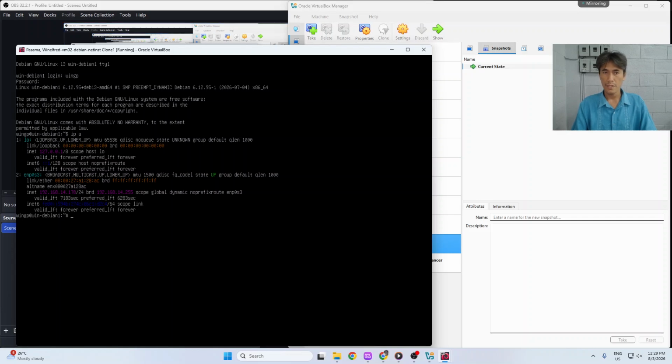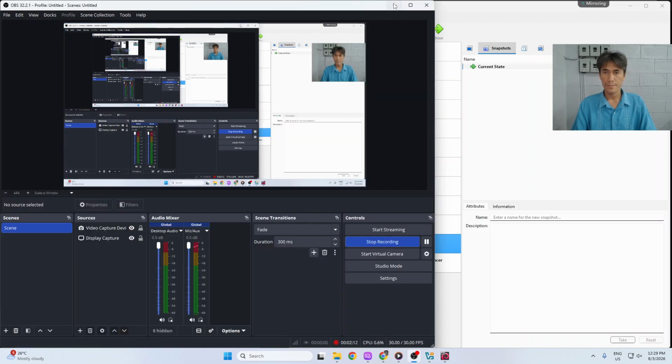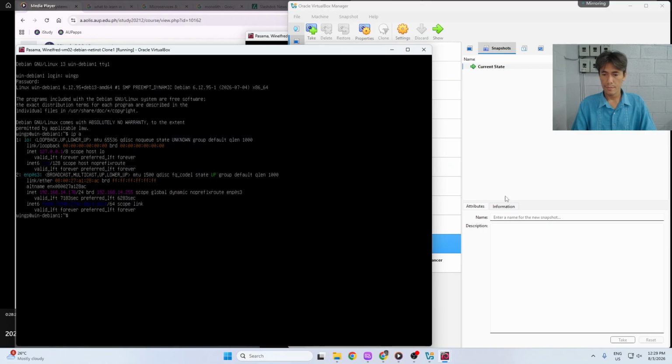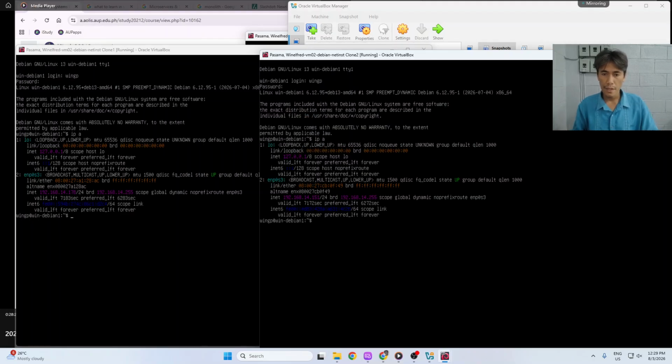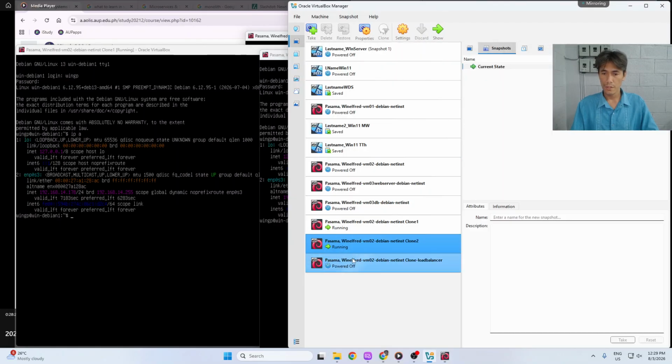The other one, IP a, is 14.151. We still need one more. The load balancer is not yet started.